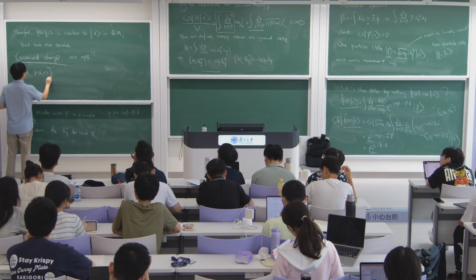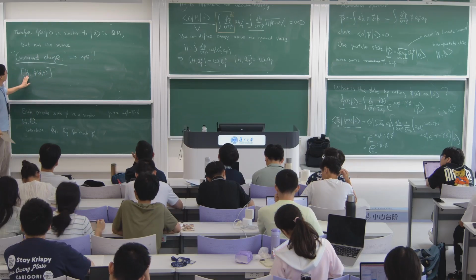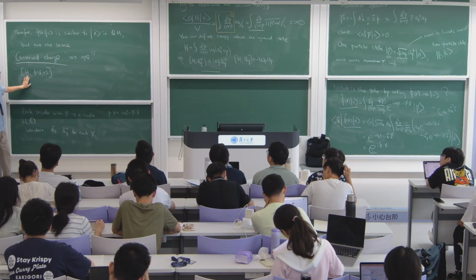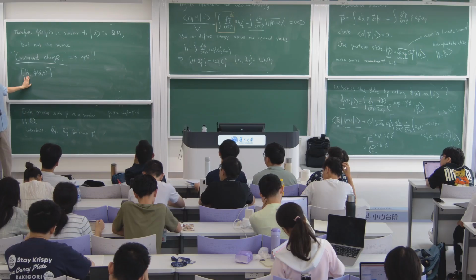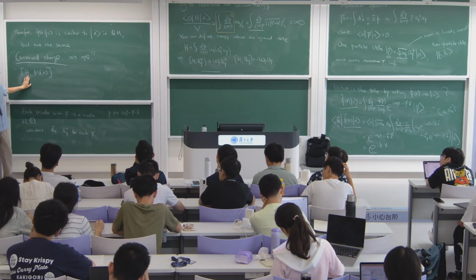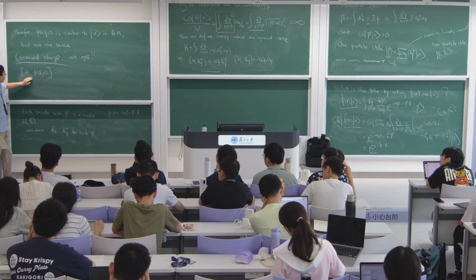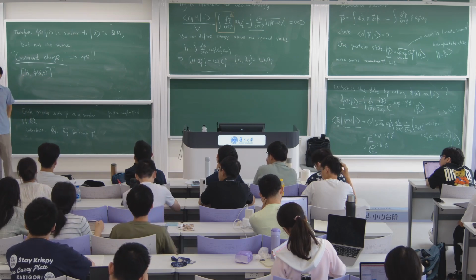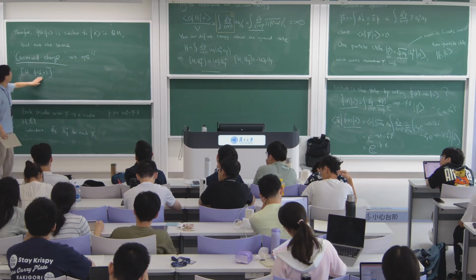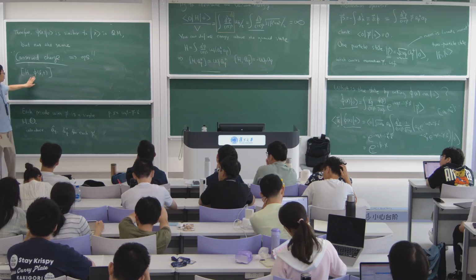I can try to calculate H. I know H is my Hamiltonian, the conserved charge associated with time translation. I can try to calculate H commuted with phi. Basically, you can talk about H commuted with any other operator. So in particular, what about H with phi?